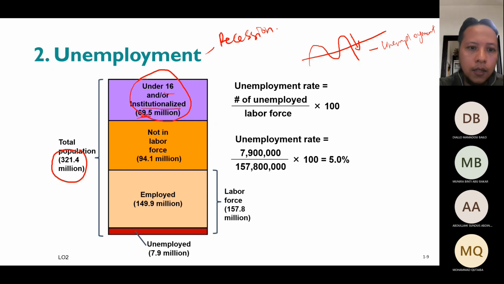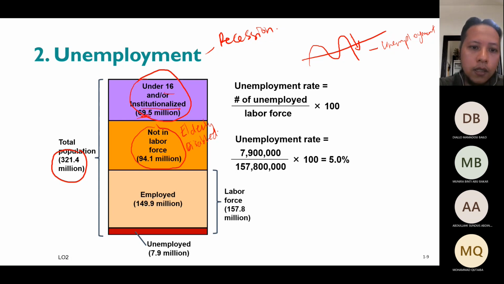And then out of the total population as well, there are also people who are not in the labor force. These are the elderly or disabled. They are not able to work in the US. So this is around 94.1 million.